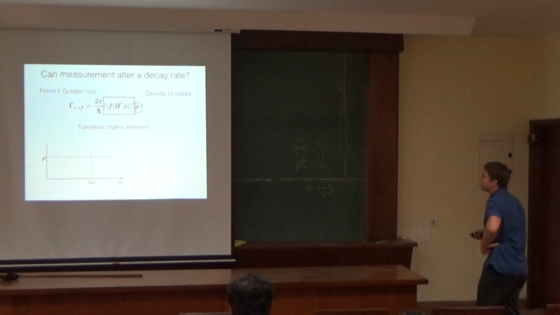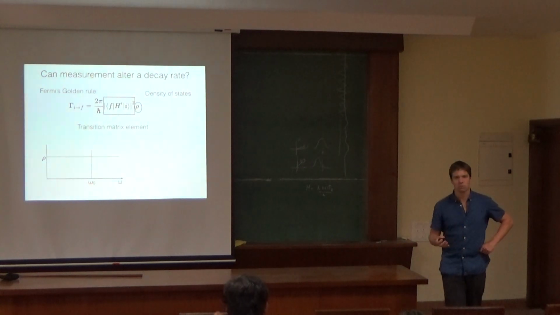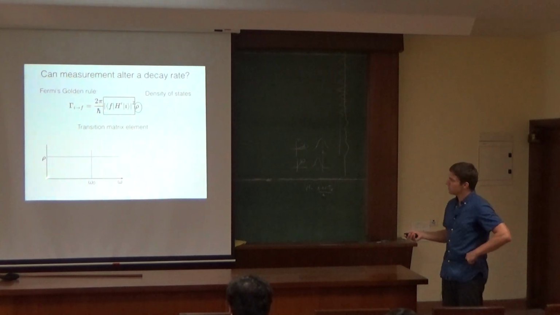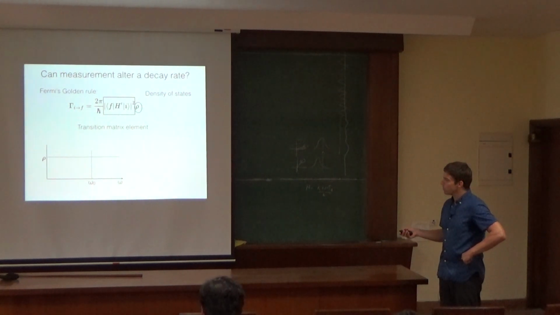Now, the density of states for the electromagnetic vacuum, which dictates this sort of decay, is white. So here's the density of states as a function of frequency: it's just constant. So generally, Fermi's golden rule doesn't depend on what frequency you choose. It's going to be the same. It really depends on this transition matrix element.